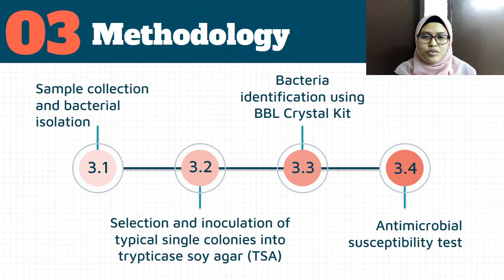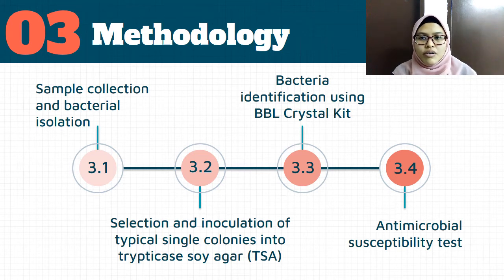Number 3, Methodology. 3.1 Sample collection and bacterial isolation. The sample will be collected from the liver, kidney, and external surface of 30 diseased ornamental fish and cultured on alkaline peptone water. Then, the bacteria will be isolated onto thiosulfate citrate bile salt sucrose, TCBS agar. 3.2 The selection and inoculation of typical single colonies into trypticase soy agar, TSA.